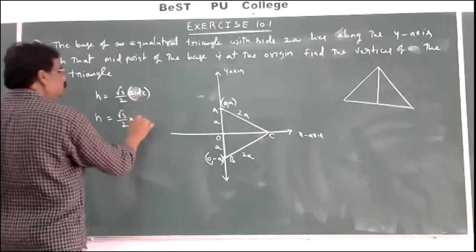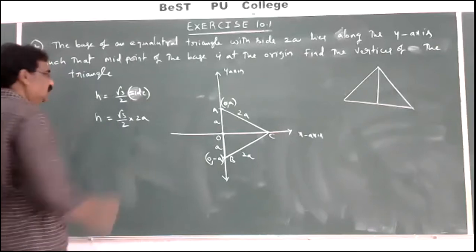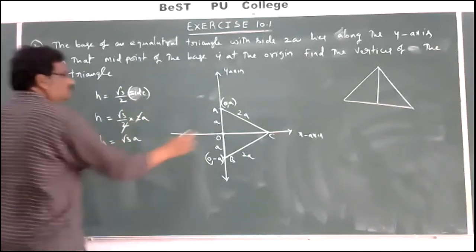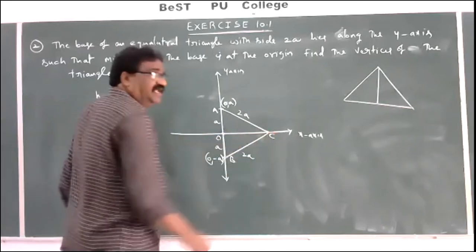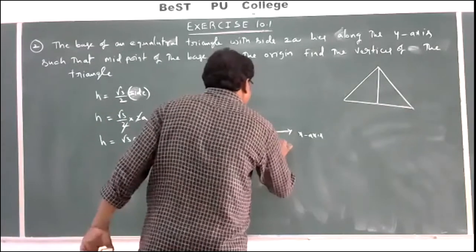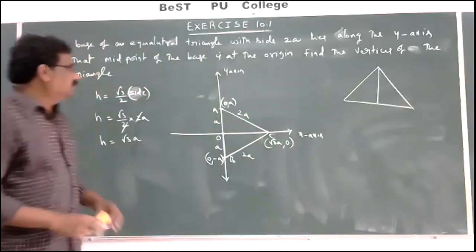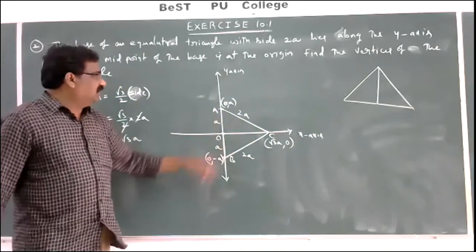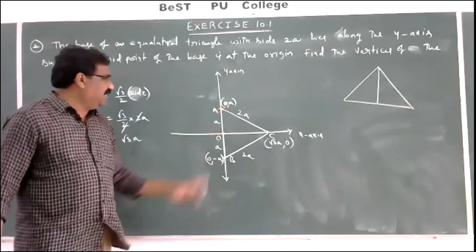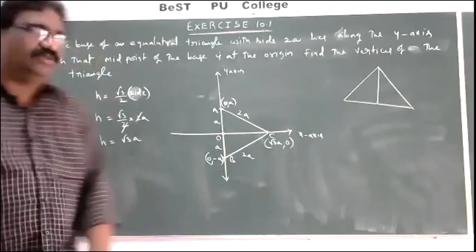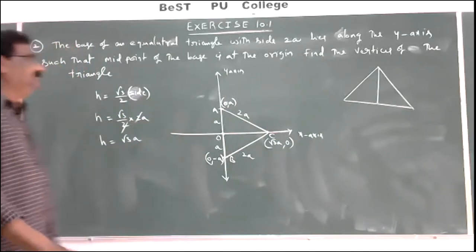H is equal to root 3 by 2 into 2a. Here the 2 cancels. H is equal to root 3a. So this distance is root 3a. That's why on the x-axis this point is root 3a comma 0. So the three vertices are: A is 0 comma a, B is 0 comma minus a, and C is root 3a comma 0. First draw this figure.